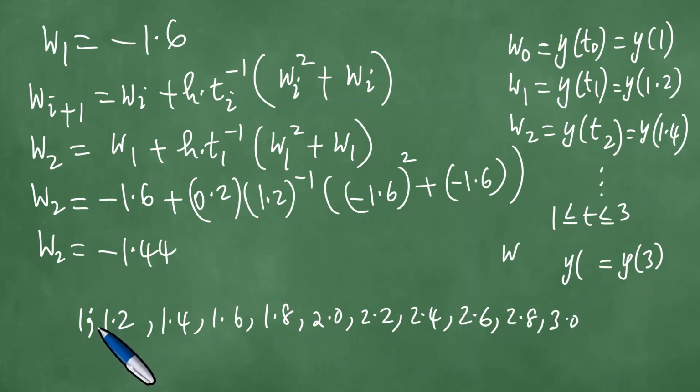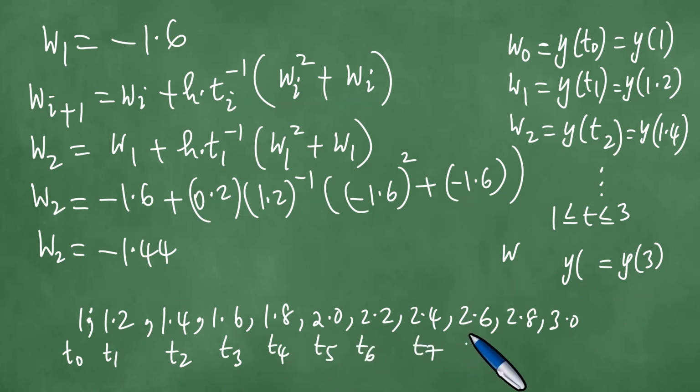Okay, now look. Now at this point, this one is T0, T1, T2, T3, T4, T5, T6, T7, T8, T9, T10, right?